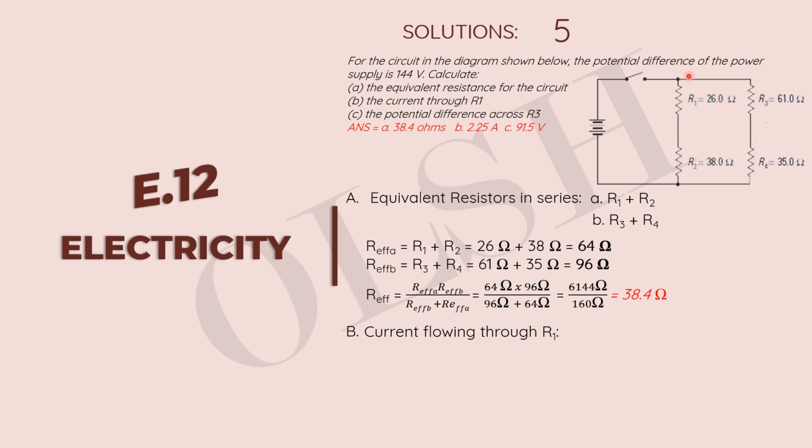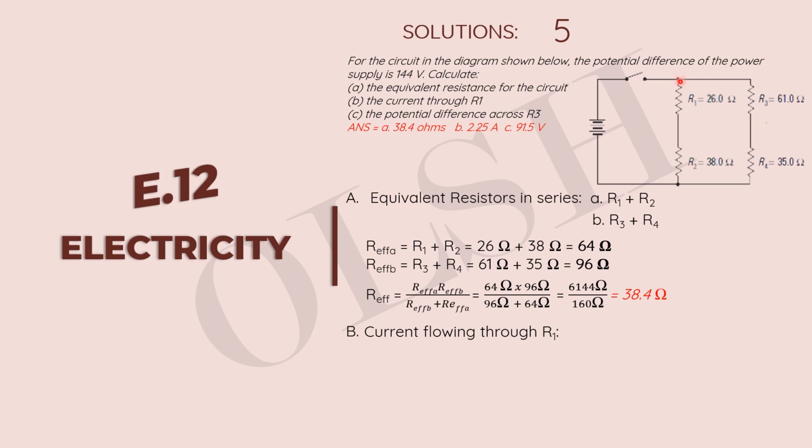But the equivalent resistance of this network is smaller than the equivalent resistance of this network. So we have 64 ohms here in total, and we have 96 ohms here in total. So it means the current is going to flow more through this side than it will through this side. We're going to have more current flowing here where it's least resisted.